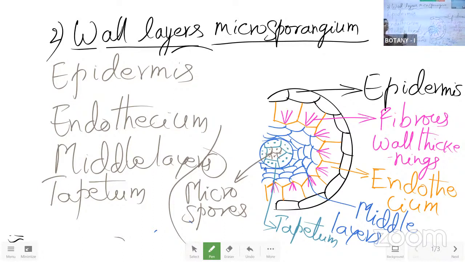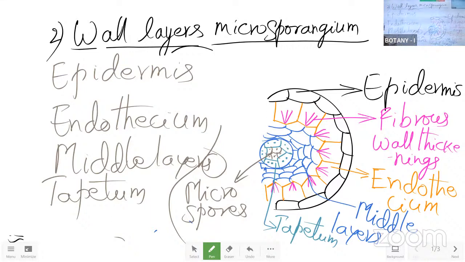Third wall layer is the middle layers. Middle layers are present below the endothecium, have 2 to 7 layers, and all these are simple parenchymatous rectangular shaped cells placed without intercellular spaces.